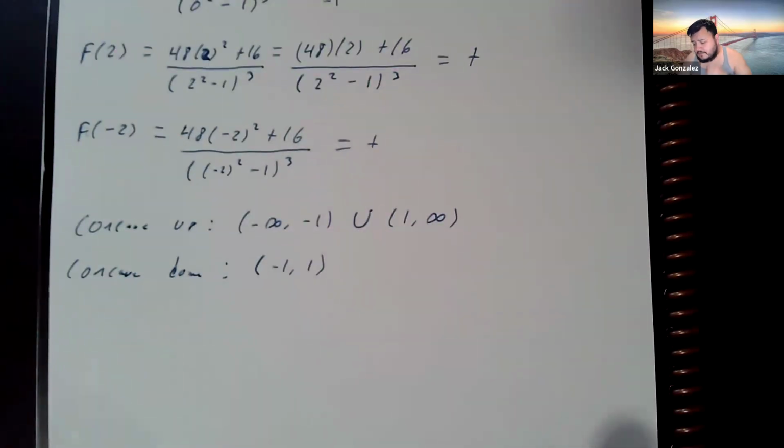Once you have the second derivative, you can test around the inflection points and you'll be good. Just remember that values that cause division by 0 can be inflection points.